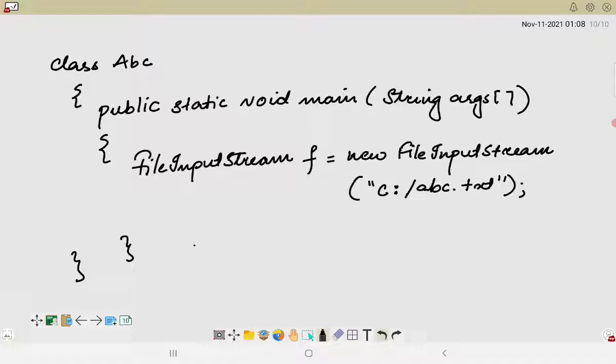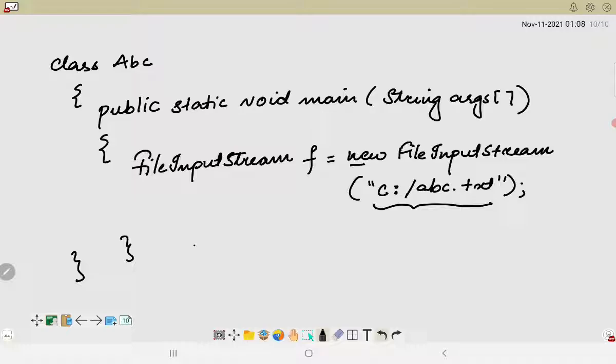We will do this in detail when we do file handling in Java, but as of now just remember that I am trying to create a new FileInputStream object, and I am trying to read the file abc.txt, present in my C drive.